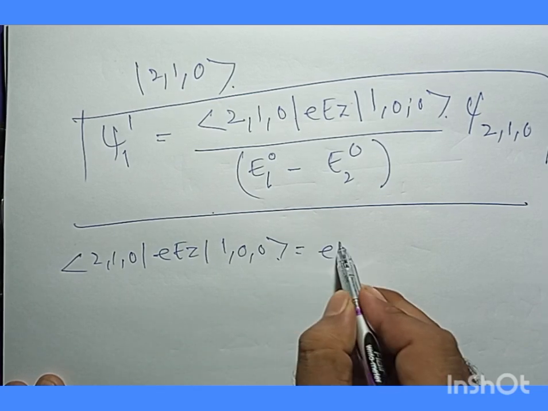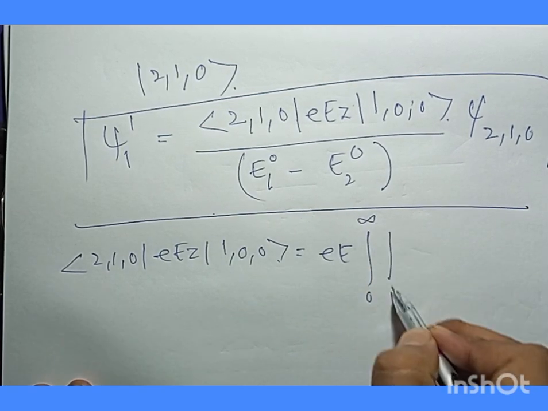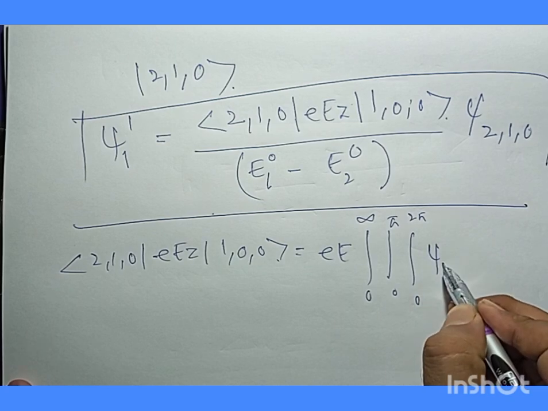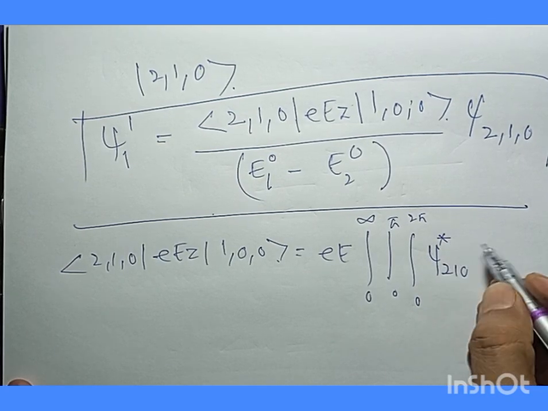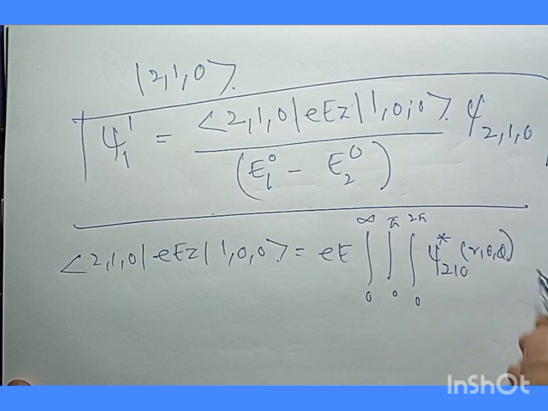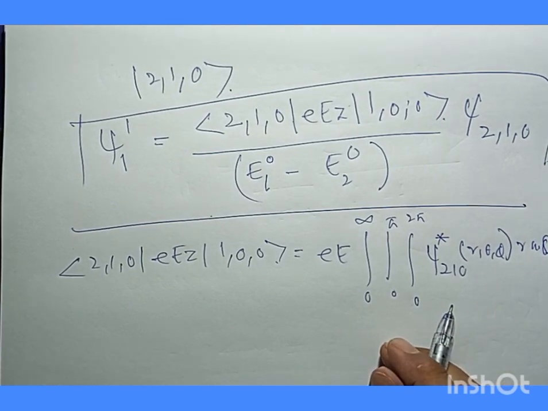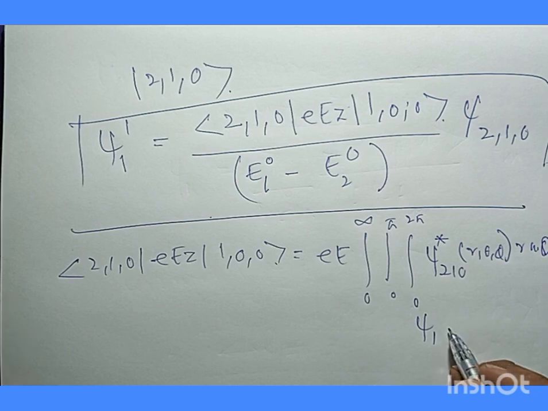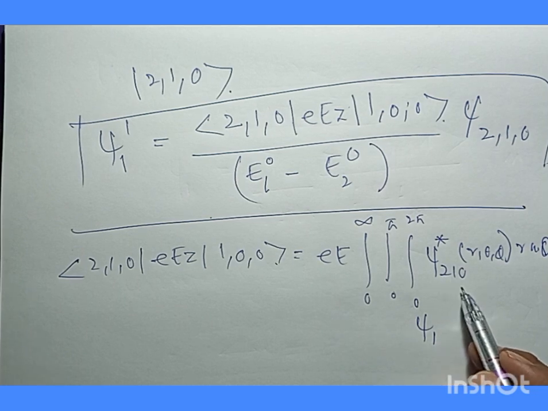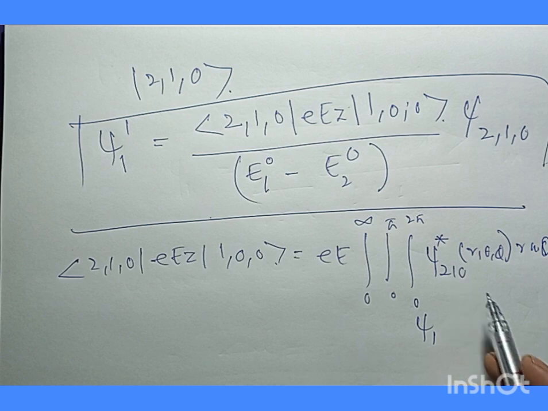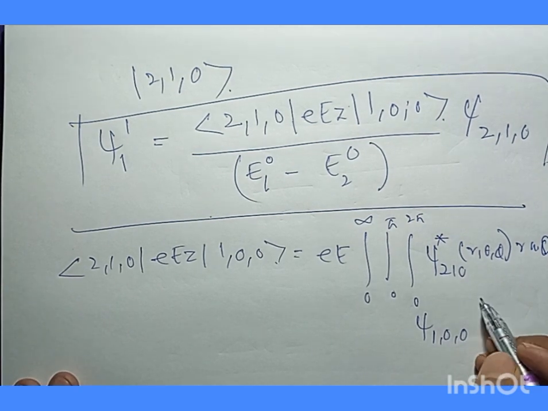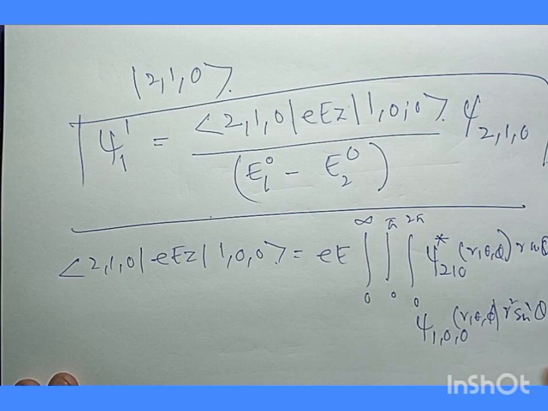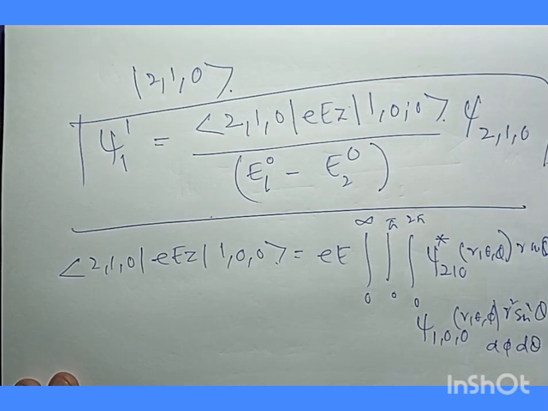This is simply E and E out, then the integral from 0 to infinity, 0 to pi, and 0 to 2 pi, of psi 2 1 0 star, with r, theta and phi, then for Z I will use r cos theta, and then I will have psi 1 0 0, and r, theta and phi, then r square, then sine theta, then d phi and d theta.